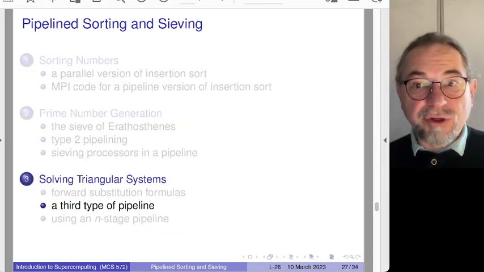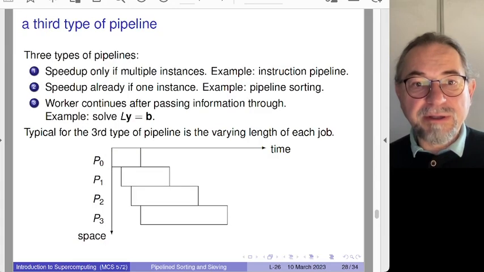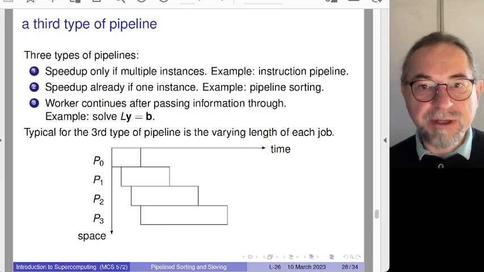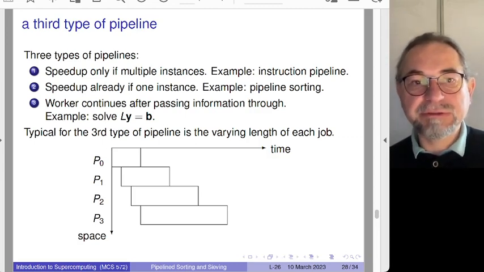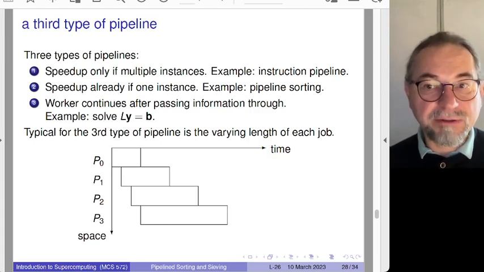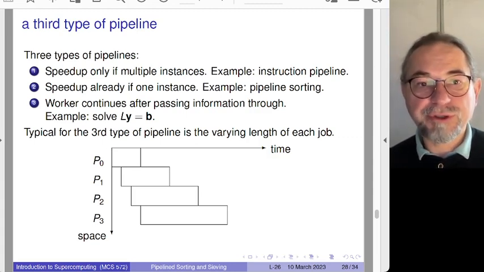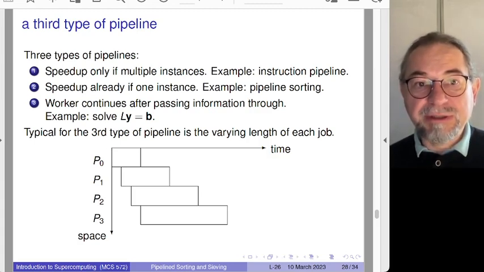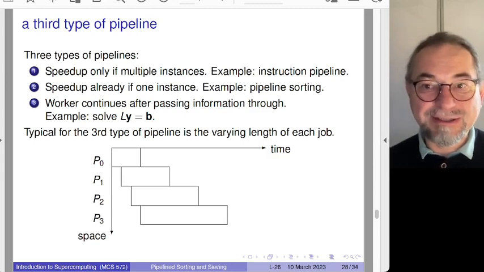Okay, so this is the third type of pipeline. Recall what was the first type. The first type of pipeline is when we only have speedup if we have multiple instances to process. For example, if we have to sum a vector of floating point numbers. We've seen sorting. With sorting and sieving, they can already be sped up if we have only one instance.